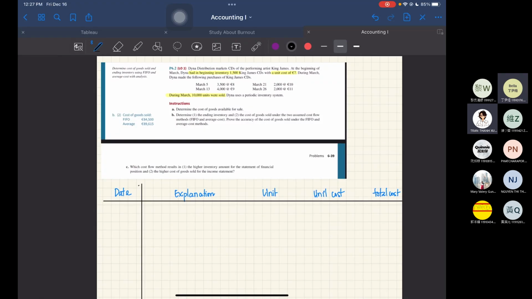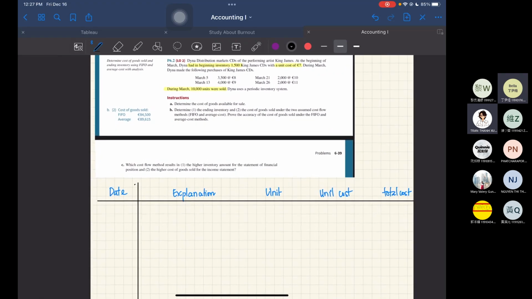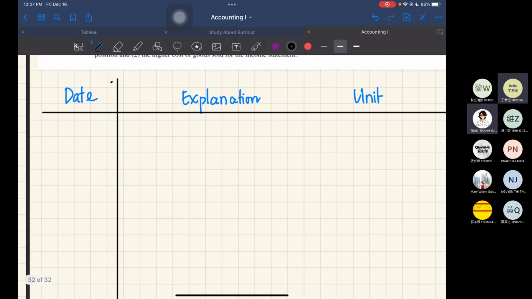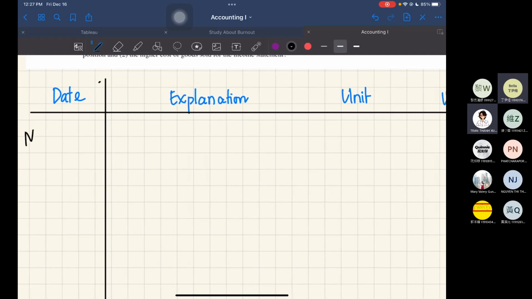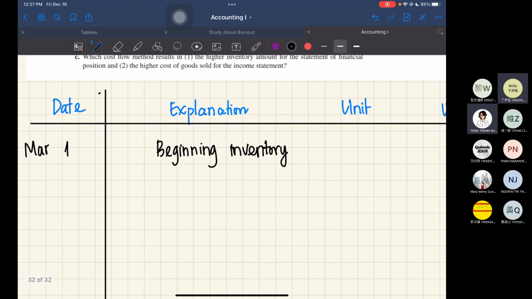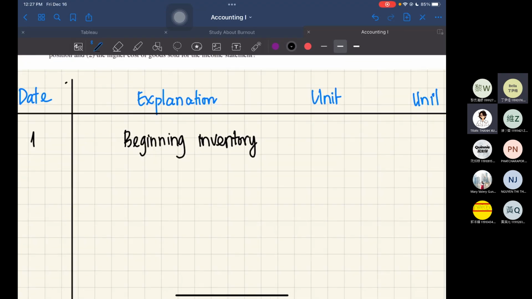Okay, the first one is March, the beginning of March, so March 1st. How many items? 1,500.